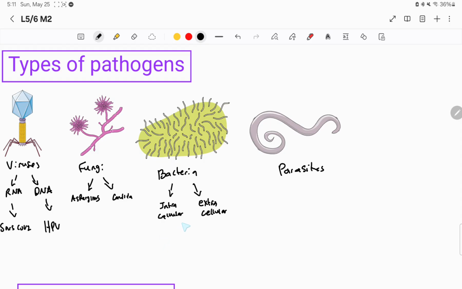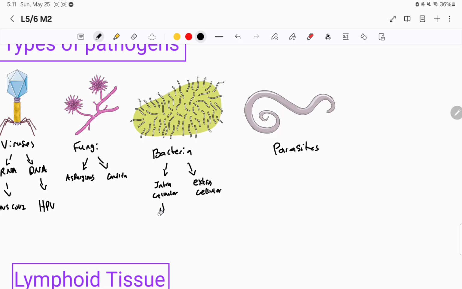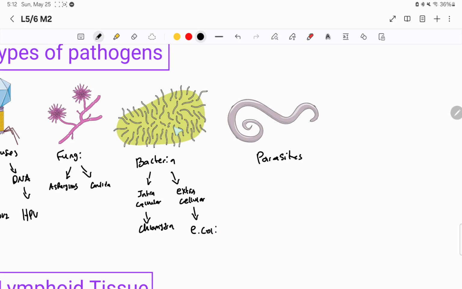A great example of intracellular is chlamydia, and the extracellular is E. coli, although certain strains of E. coli can be otherwise. The other thing with bacteria is that they primarily cause damage by releasing either enzymes or toxins that are going to damage our cells.